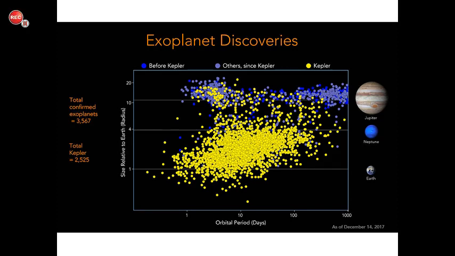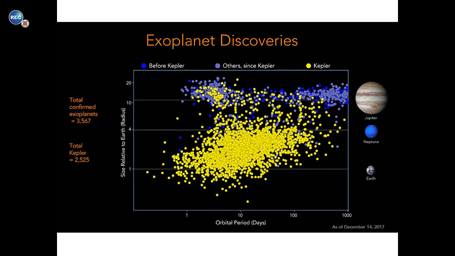Here, the very, very dark blue are planets found before Kepler, and the vast majority of them, I think all of them, as far as I can tell in this picture, are going to be Jupiter-sized to Neptune-sized. Very big planets. And the scale here runs from a day up to about 3 years. So, this is looking at inside of Jupiter's orbit for a sun-like star.